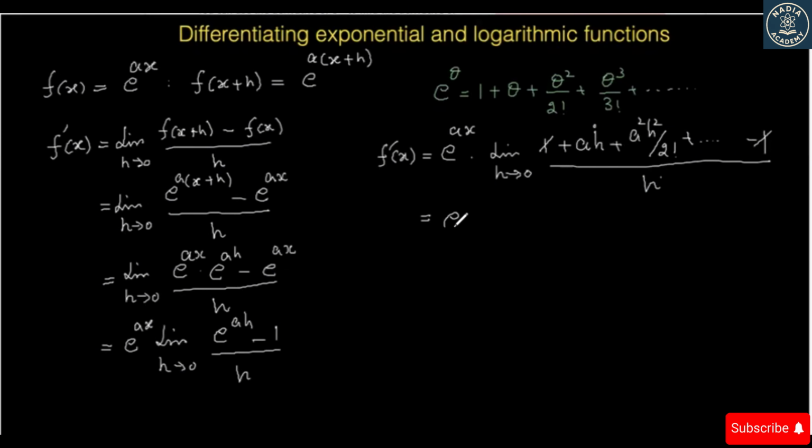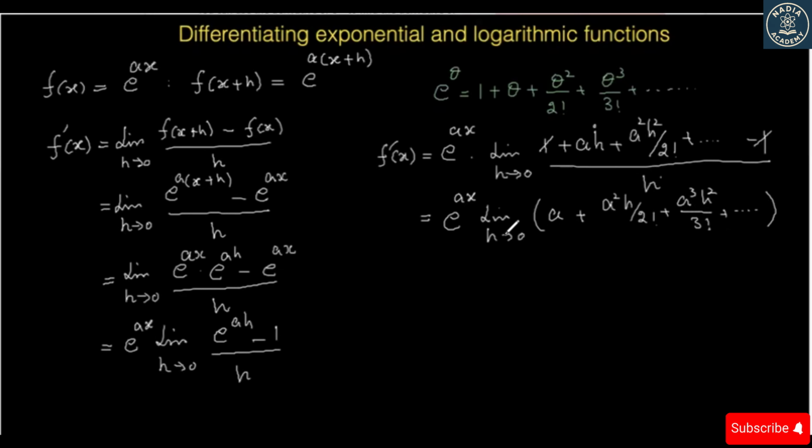So we are left with e power ax times the limit as h approaches 0 of a plus a square h divided by 2 factorial, then a cube h square divided by 3 factorial, and the higher order terms, and each of those terms has h.